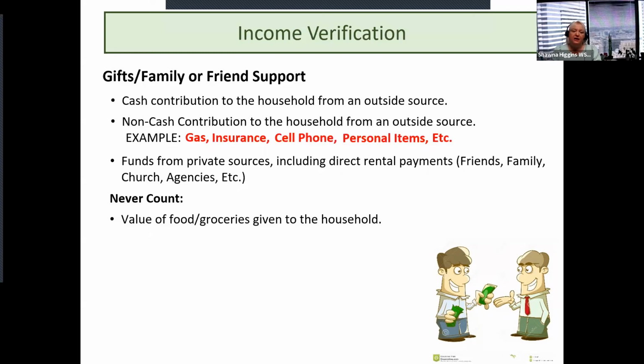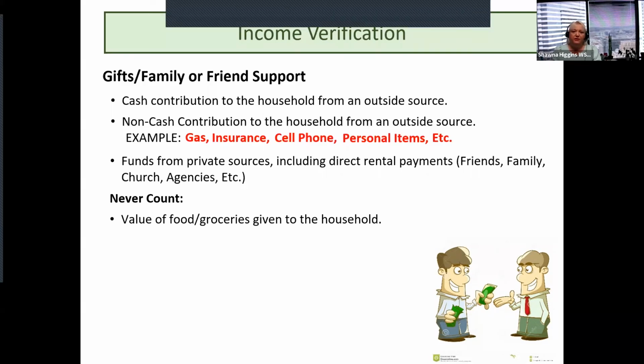So you're never going to count the value of food or groceries that are given to the household. So say your mother went grocery shopping and brought you a carload of food. You're not going to count that. But if she gives you $50 a week for grocery shopping, you will count that. That will be a gift.